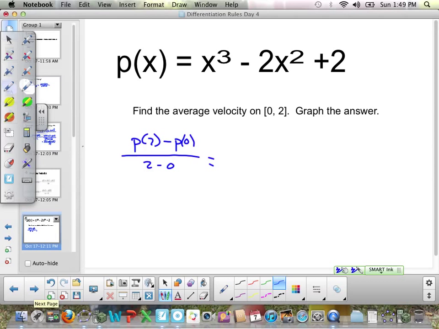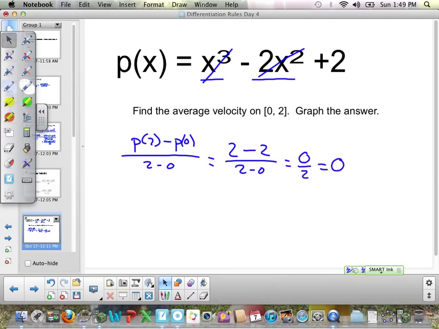P of 2 ends up being 8 minus 8 plus 2, so that's 2, minus P of 0. Those will cancel because they're 0. 2 minus 2 over 2 minus 0, which is 0. So the average velocity of the function from 0 to 2 is 0, meaning it doesn't change position.